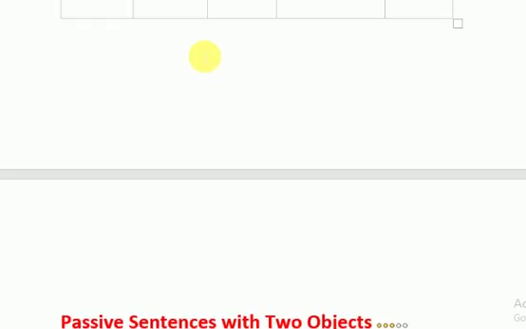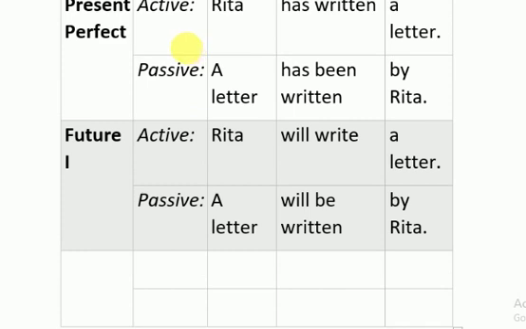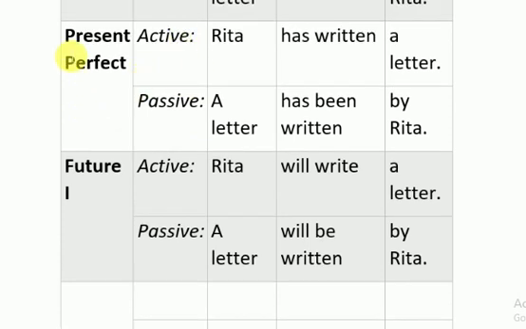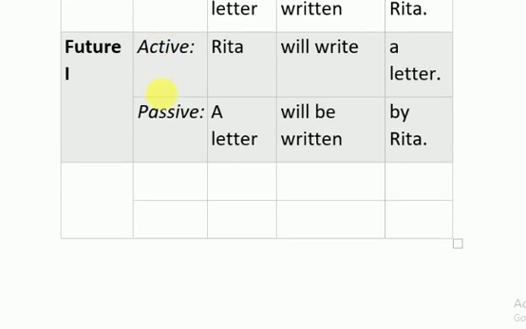So all you have to do is focus on the tense. You identify the subject, you identify the object, then the other things are very easy. So bear in mind how we can change from active into passive.